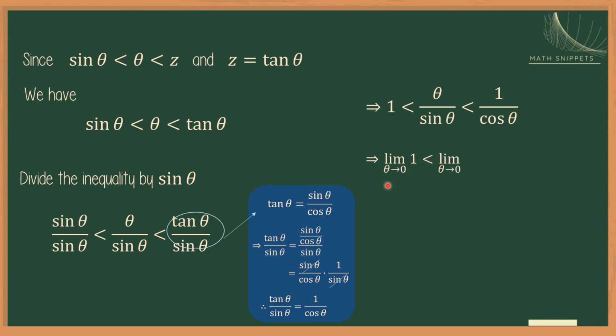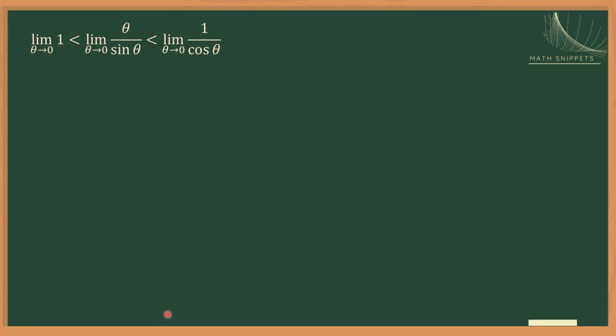If we take the limit as theta approaches 0, we get this. So let us look at the end functions for us to know the limit of theta over sine theta. 1 is a constant function. So by the constant law, we know that the limit of 1 as theta approaches 0 is 1.